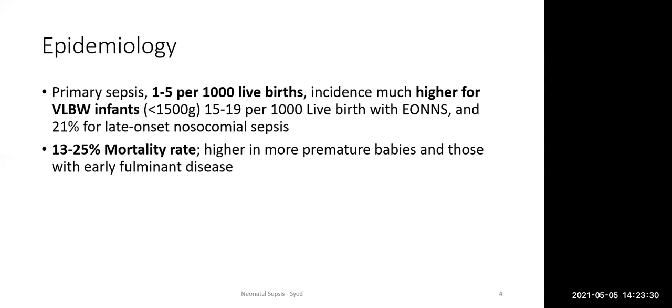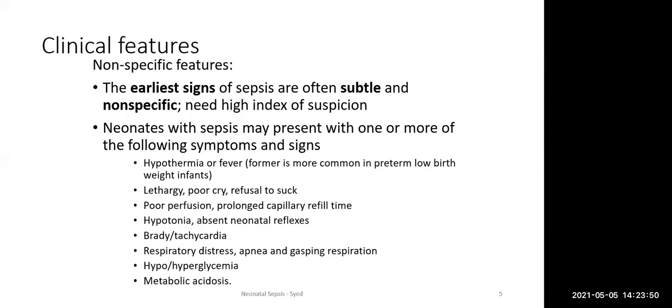It's much higher in prem, so it's inversely proportionate to gestation. The lower the gestation, the smaller the baby, the higher the risk of having sepsis. The mortality rate is likewise inversely proportionate.